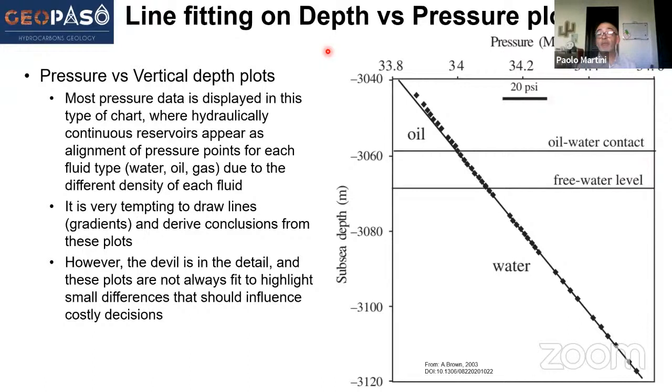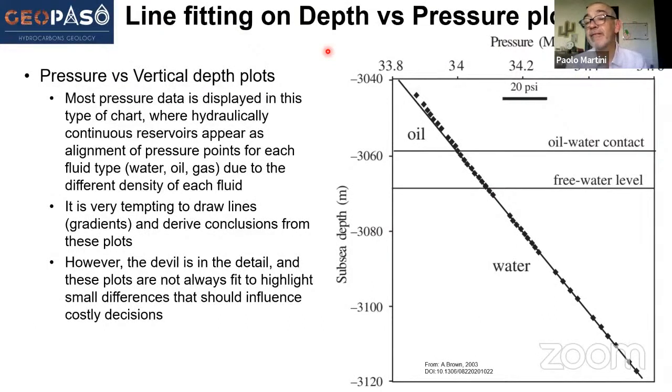So it is common to try to fit straight lines to pressure data points, and it's very tempting. In this case, it's kind of difficult to see where exactly the free water level is, because the density of the oil and the density of the water are not very far apart from each other, so the inclination of the two straight lines is pretty similar.